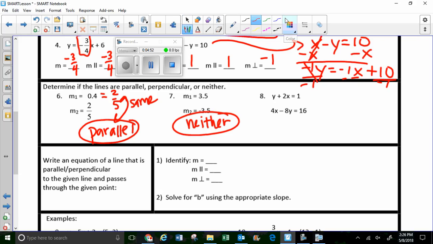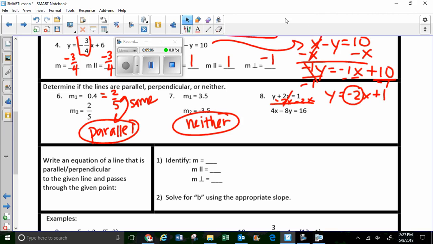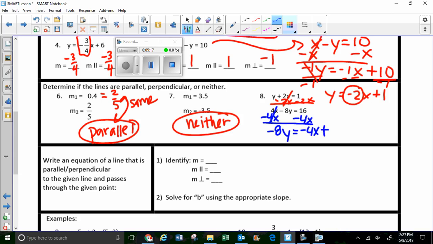So what I'm going to do here is I'm going to move the 2x to the other side to get y equals negative 2x plus 1. So my slope I'm going to be comparing is -2. Now I'm going to solve the next one. So go ahead and move your x to the other side. So subtract 4x. It's going to be -8y equals -4x plus 16.